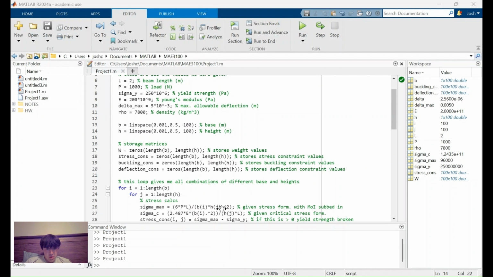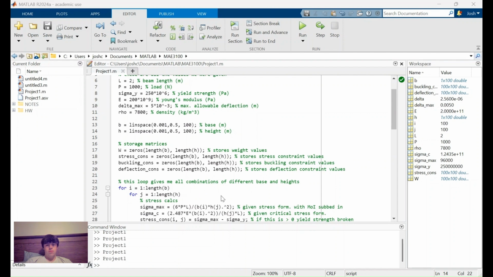Let's zoom in. If you go to about a 130 millimeter base with about a 20-ish millimeter height, you can probably optimize it a bit more, getting as close to this green line as possible without crossing it.